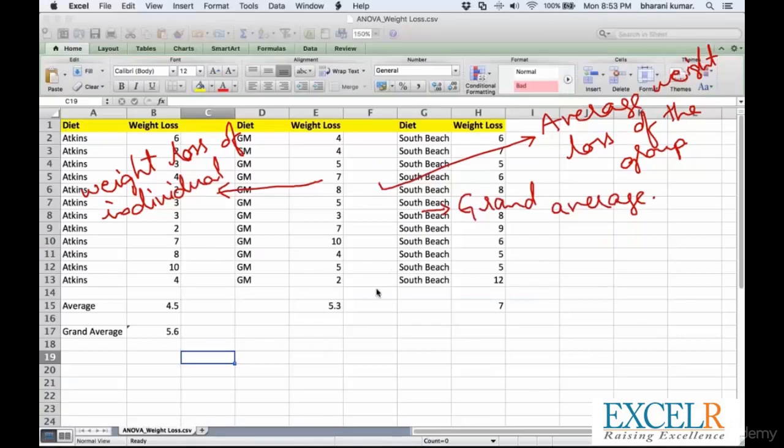So if you look at this, the average weight loss of Atkins diet program is 4.5, average weight loss of GM is 5.3, and the average weight loss of South Beach is 7 kgs respectively, right? But the grand average is 5.6, and none of these values are equal to the grand average.